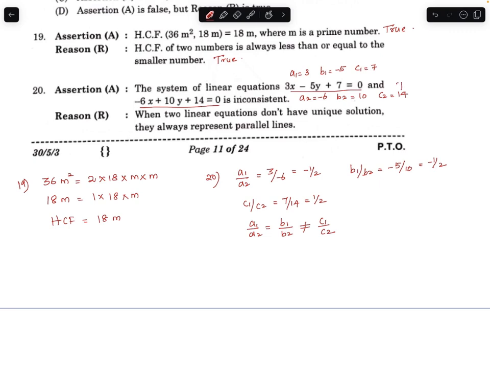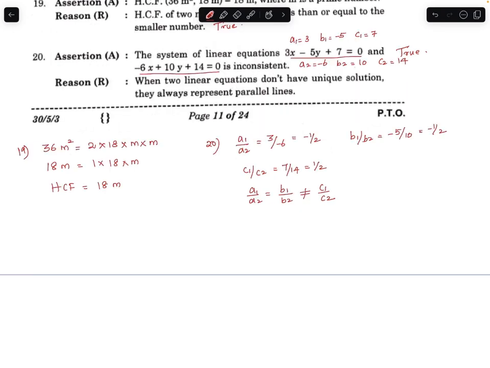So the first statement is true. Coming to the reason, when two linear equations don't have a unique solution, they always represent parallel lines. With regard to solutions, there are three cases. One is unique, the next is an infinite number of solutions where the lines are coincident, and the third is no solution where the lines are parallel.